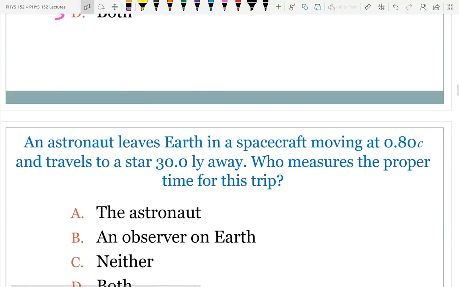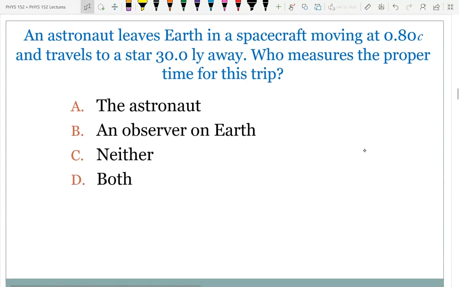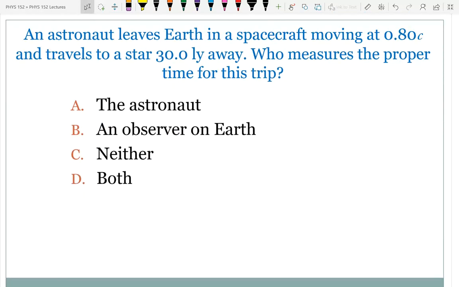Okay, now let's go on. Question number 2. An astronaut leaves Earth in a spacecraft moving at 0.80 C and travels to a star 30 light years away.